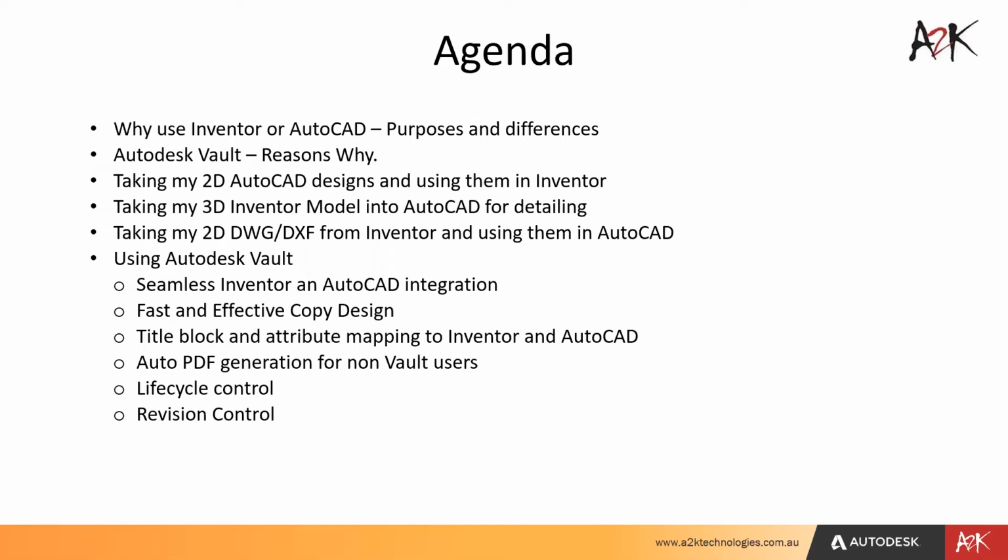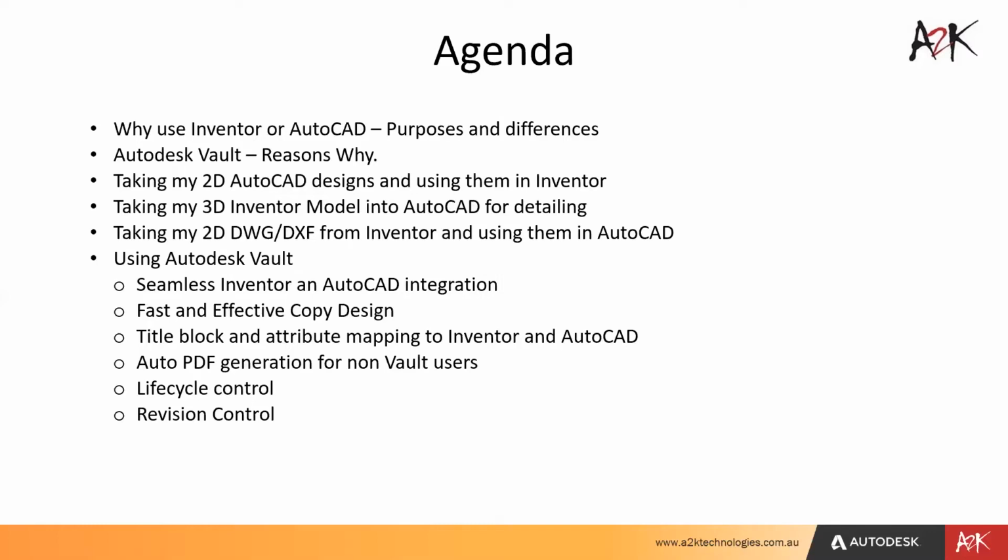That'll be the presentation over and done with, and then we'll jump into the live show, starting with AutoCAD, taking a 2D design from AutoCAD, taking it into Inventor, turning it into a 3D model, putting it into an assembly, constraining it up, and then having that AutoCAD model change. And then seeing that change update in Inventor.